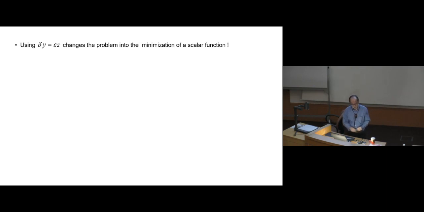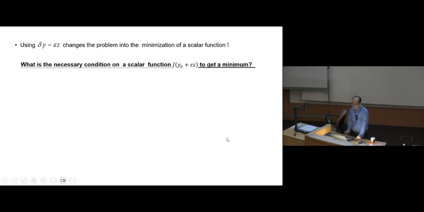Then you can say, the magic, using this delta y equals epsilon z, we change the problem into the minimization of a scalar function. But how do we minimize the scalar function? That's what you already learned, right? What is the necessary condition of a scalar function? Remember, this is a scalar function. Y naught is fixed, and it is a function of epsilon. What is the condition for a function of one variable to have a minimum? And how do we get that minimum?